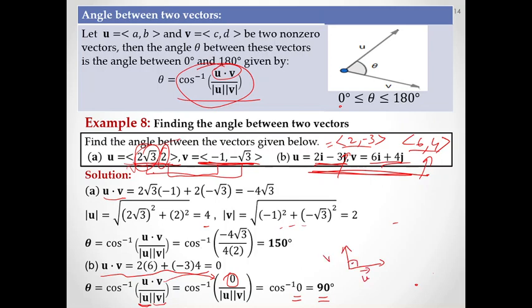If u is here and v is here, it's 90 degrees, so they're perpendicular to each other. And from this calculation, u dot v is equal to 0. So if the dot product is equal to 0, then they're perpendicular to each other.